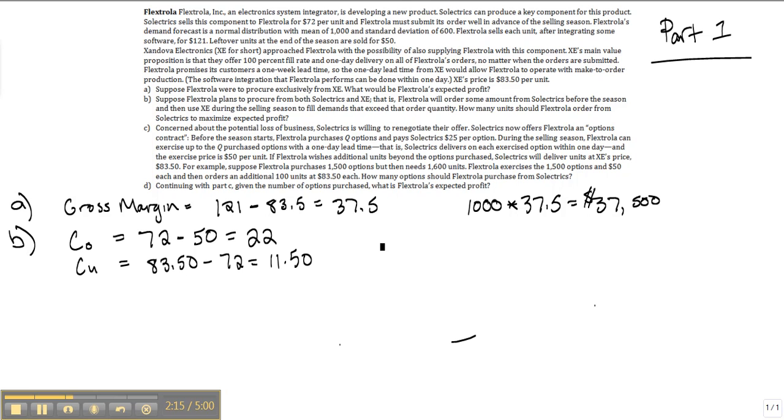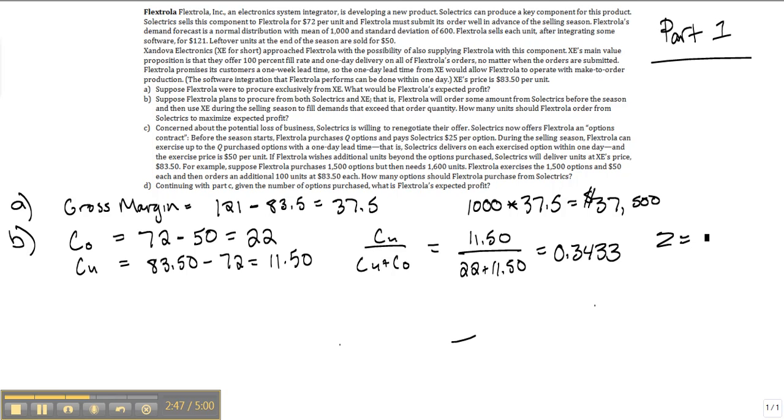The critical ratio is then equal to CU over CU plus CO, and that's equal to $11.50 over 22 plus $11.50. That corresponds to a probability of 0.3433. Looking that value up in the standard normal distribution function table, we find that it is between the z-values of negative 0.41 and negative 0.4, but we'll use the roundup rule and conclude that the z-value is equal to negative 0.4.